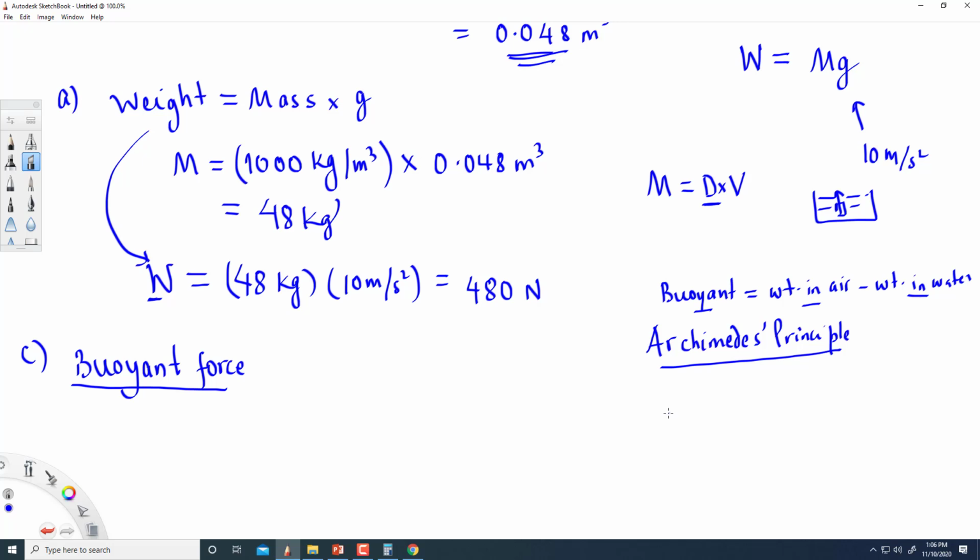What it says is, when you submerge an object either partially or fully in liquid, this object will displace some liquid, and the weight of the liquid displaced is equal to the buoyant force on that object, B-U-O-Y-A-N-T, buoyant force.